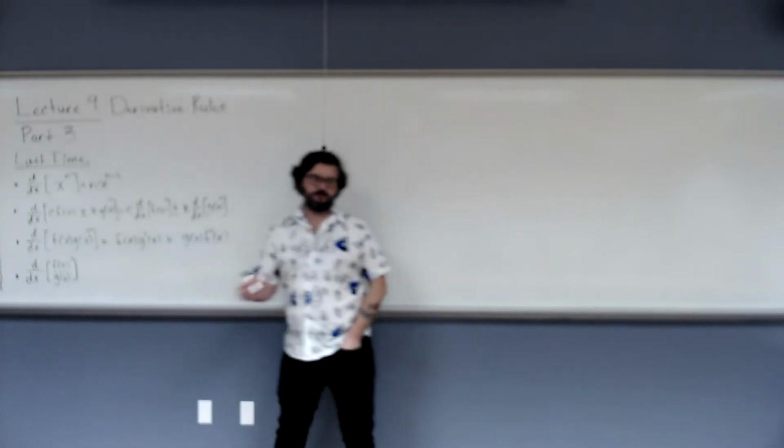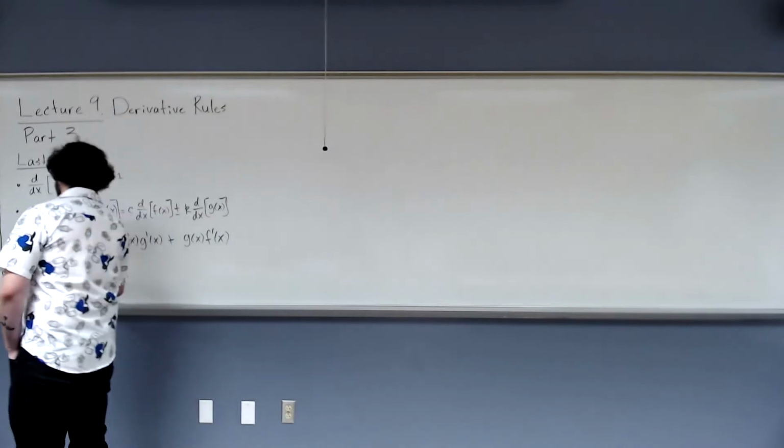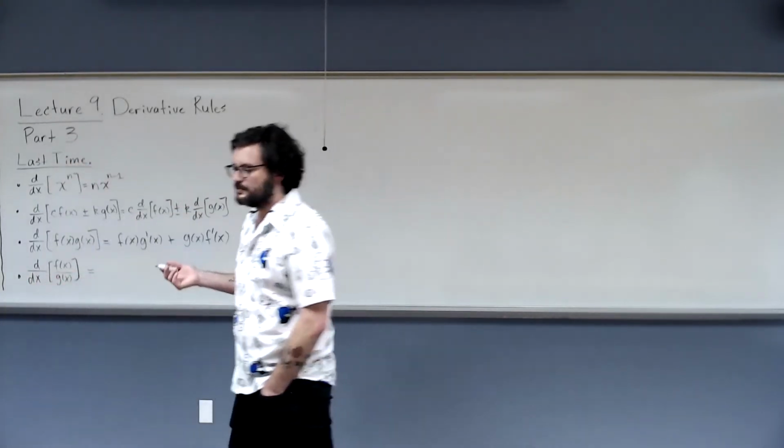And then the messy one, the last one we covered, was the quotient rule. We have to be careful about the domain of g, for the values of g over the domain in question, because we need to avoid division by 0. It's a hard one to remember; I even forget it sometimes.